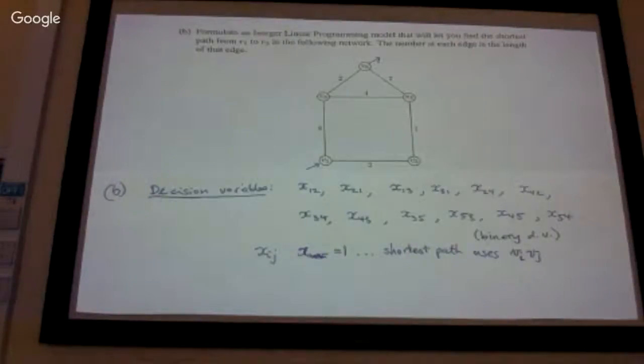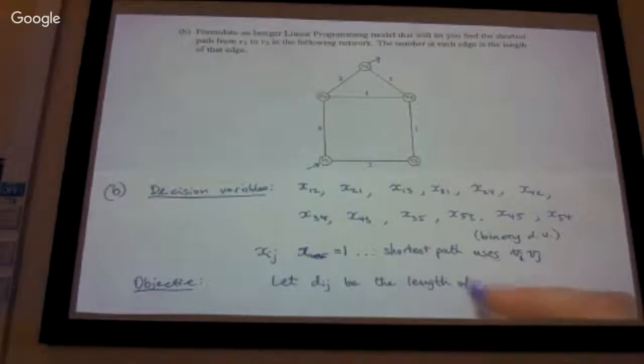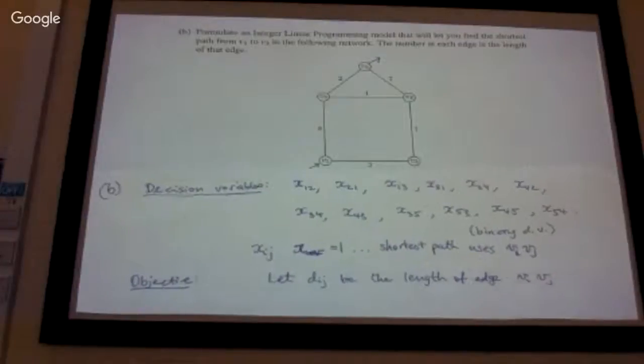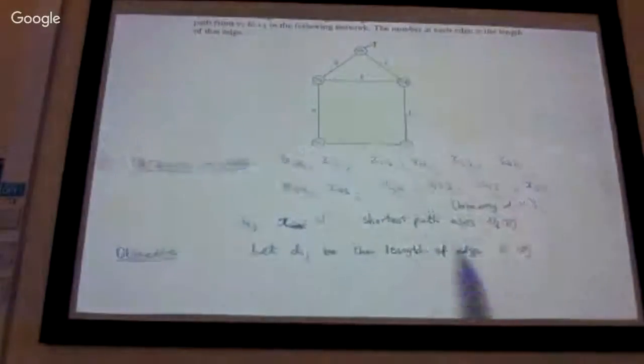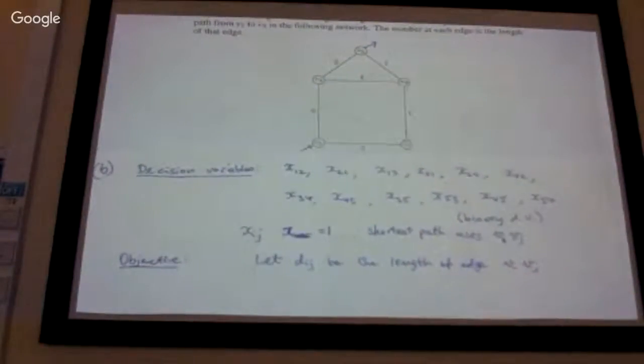I want to use the shortest possible thing, so let dij be the length of the edge that goes from Vi to Vj, so that's these numbers on the edges.